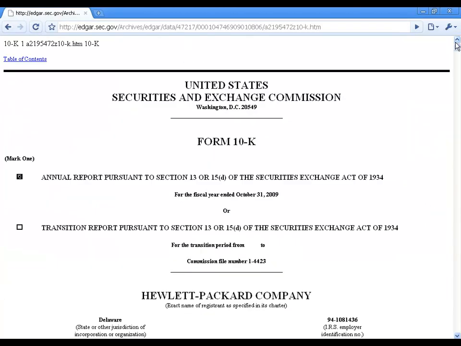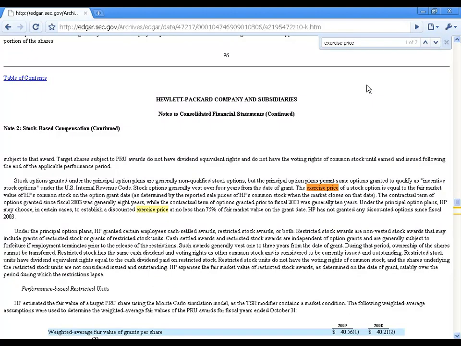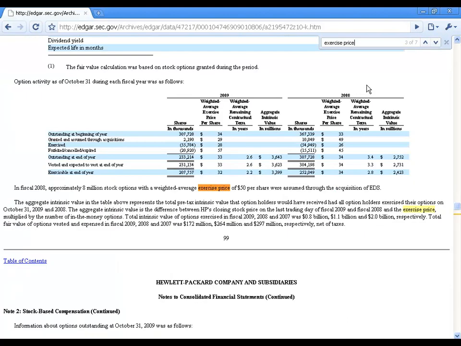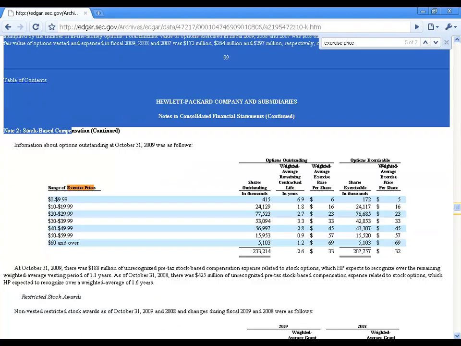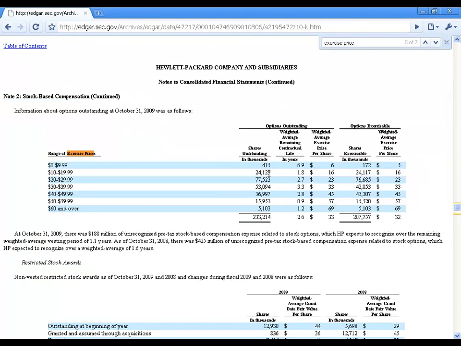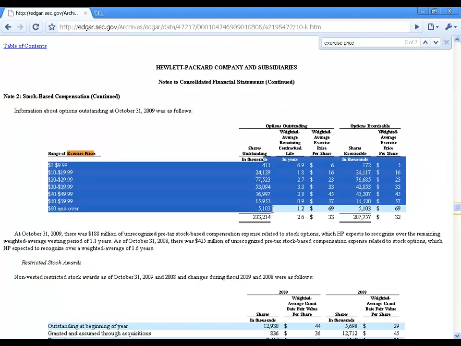The easiest way to find this information in any kind of filing is to do a search for exercise price. I'm just pressing enter to go through the results here. And here we see a table right under Note 2, stock-based compensation. The shares outstanding are in thousands, so we can just copy in these numbers as is.